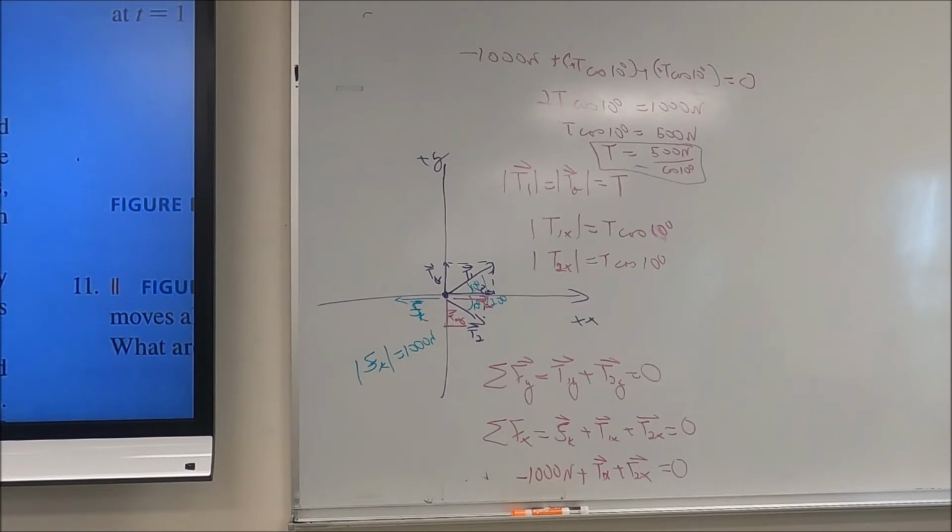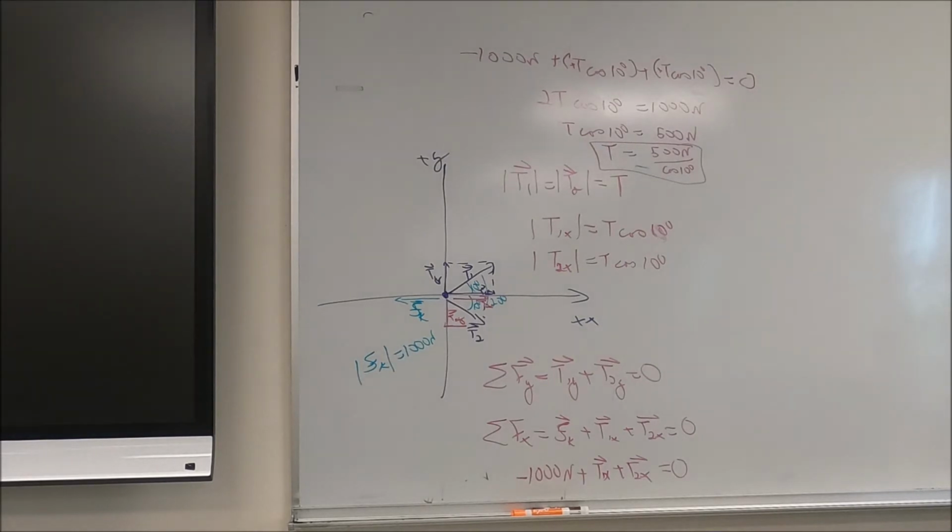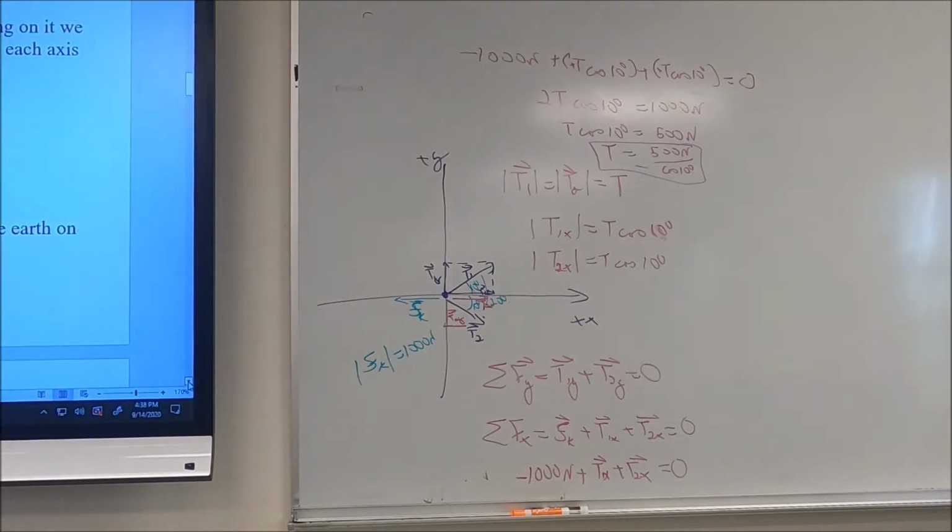So, one of the things then we have to start paying attention to is thinking whether an object is in equilibrium or not, and if it's in equilibrium in one direction, is it in equilibrium in another direction? Okay? We want to always think about dividing things up into x and y components.